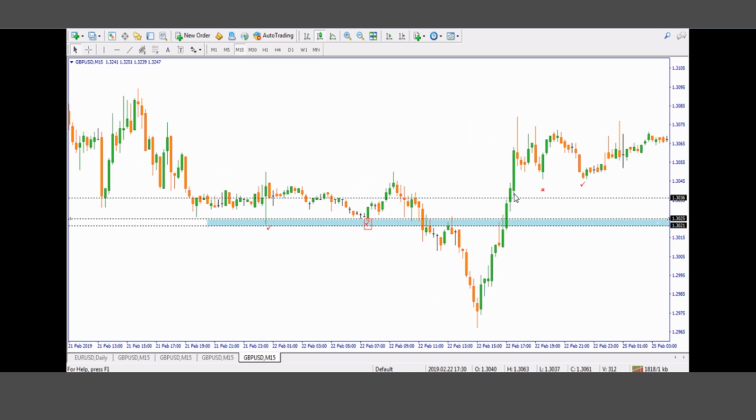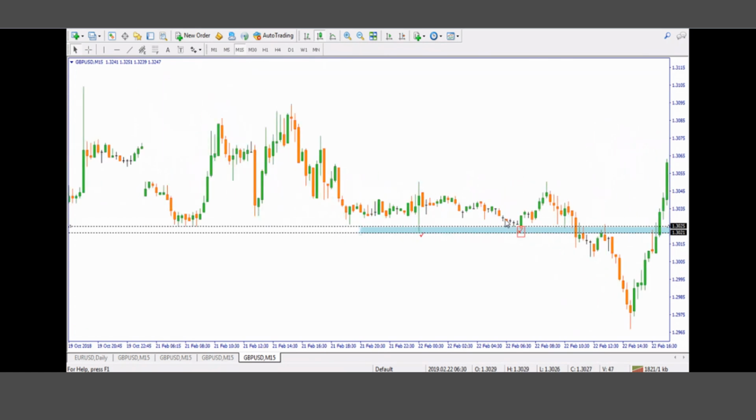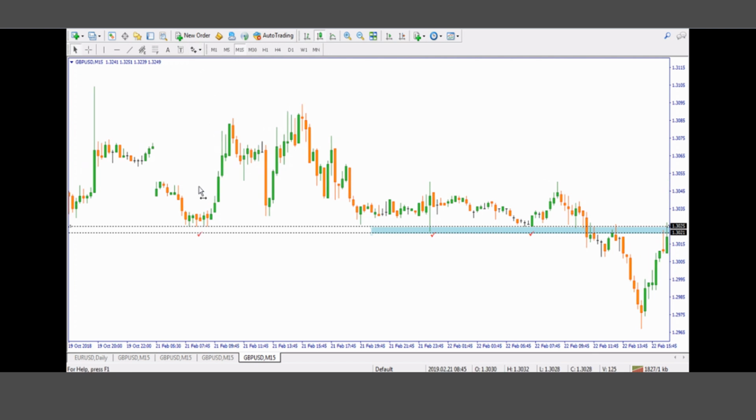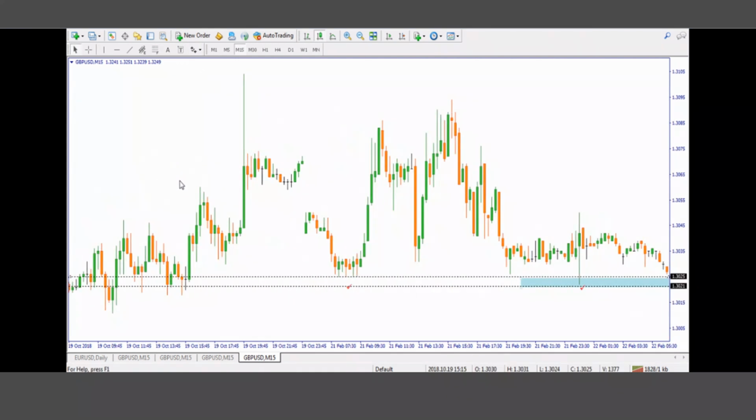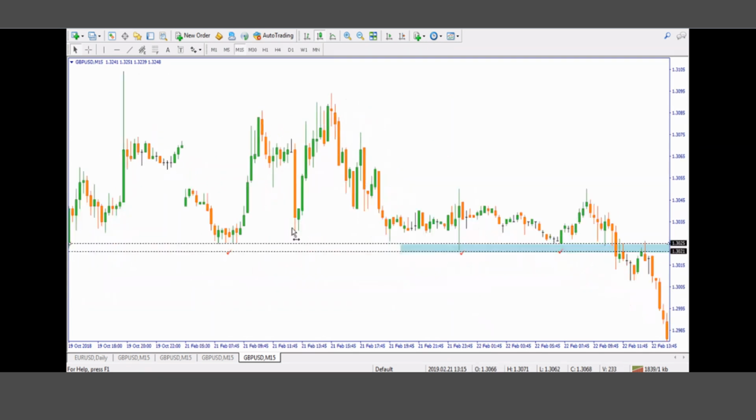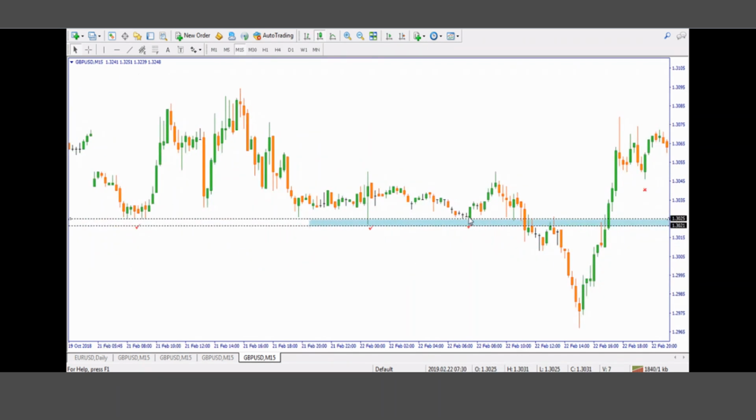So here, if I leave the upper side, the one which I was just looking at, you can see that from the past, the same place has been used as a very good support. Just look at it properly. The same place has been holding for like the entire day on a 15-minute chart. The same place from 19th of October. We had a support, a support, a support, a support.